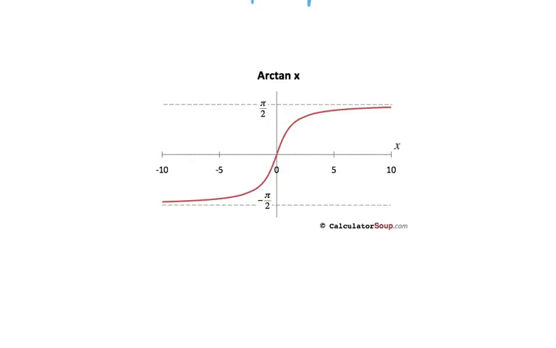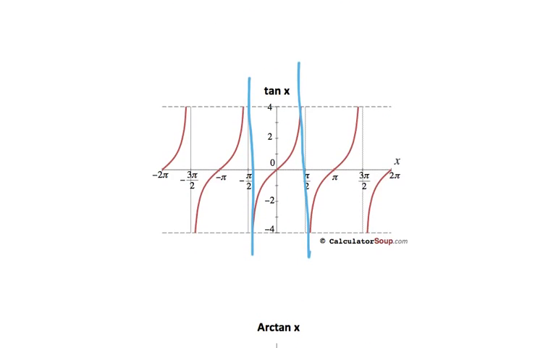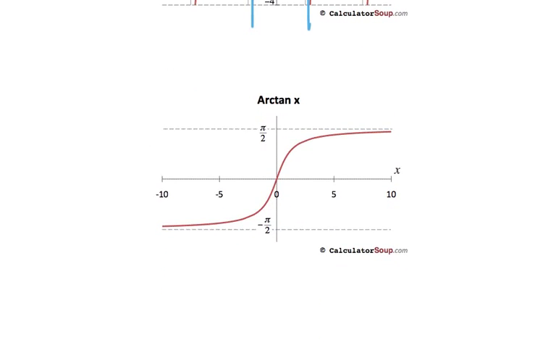Notice that when we do the inverse, the output goes from pi over 2 to negative pi over 2, just like the input we restricted to pi over 2 to negative pi over 2. Not only can we call this arctan, but we can also call it inverse tangent.